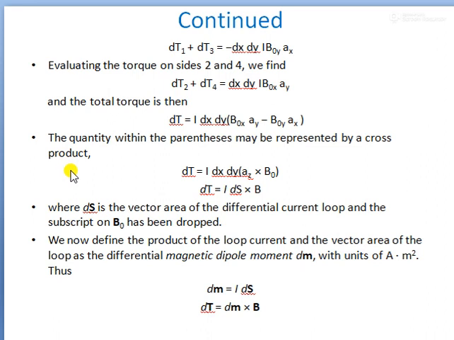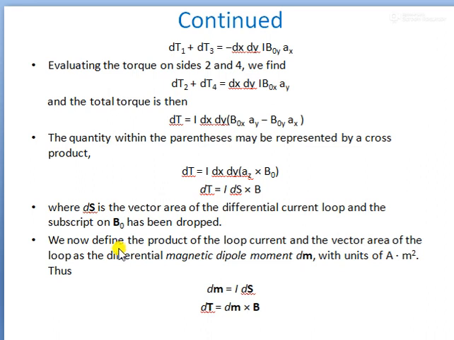The quantity within the parentheses may be represented as a cross product. So dT is equal to I dx dy az cross B0. So dT is equal to I dS cross B, where dS is the vector area of the differential current loop and the subscript on B0 has been dropped.